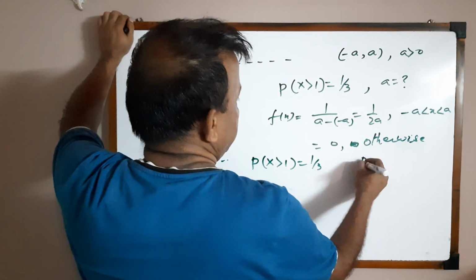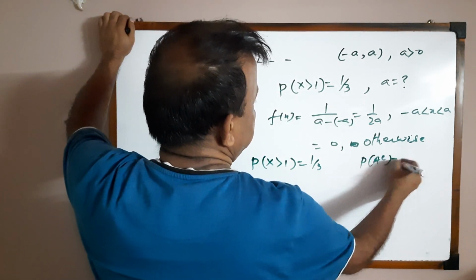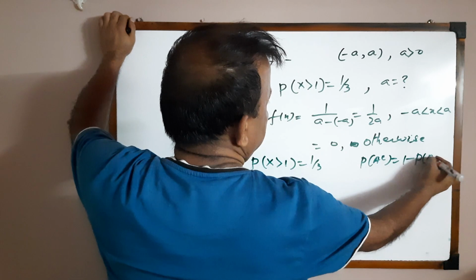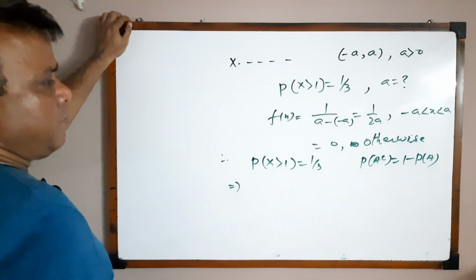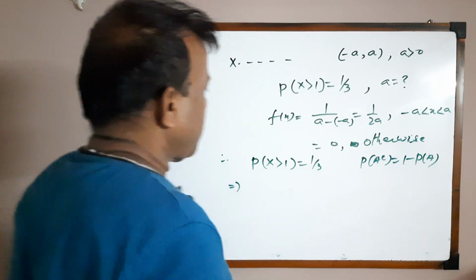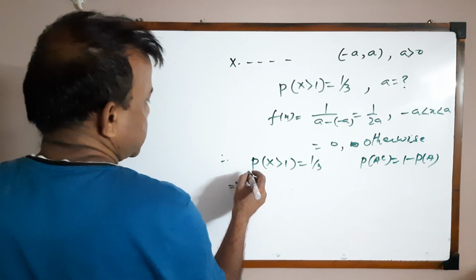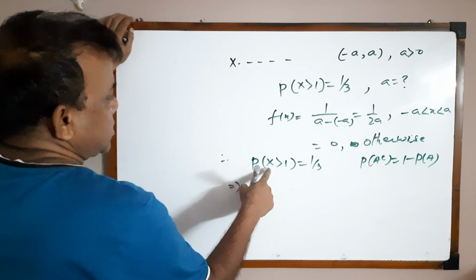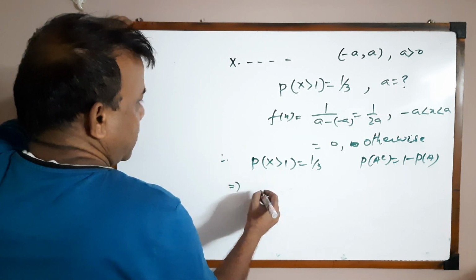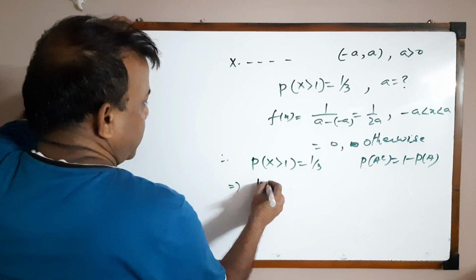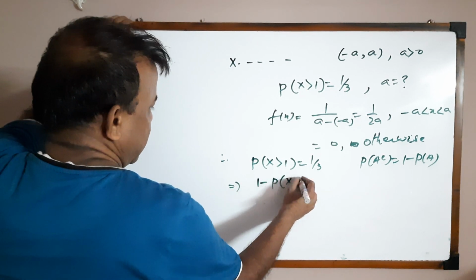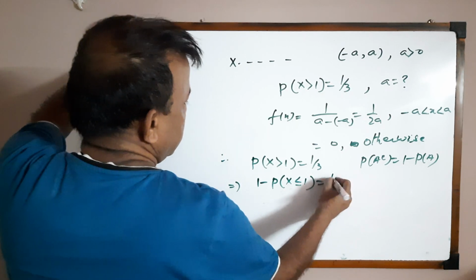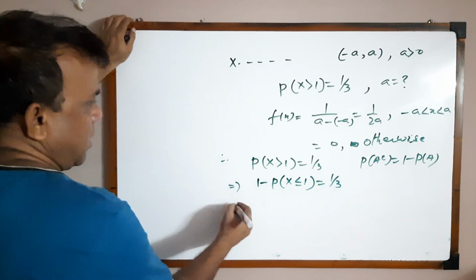As we know that probability of A complement is equal to 1 minus probability of A, from basic probability. First of all we have to convert probability x greater than 1 into 1 minus probability x less than or equal to 1, which is equal to 1/3.